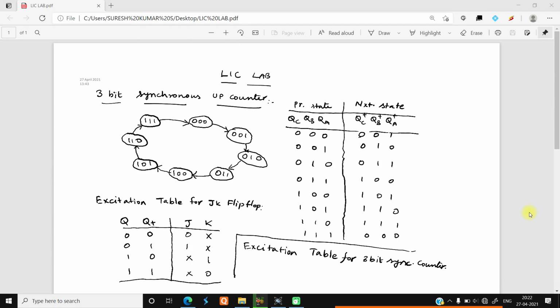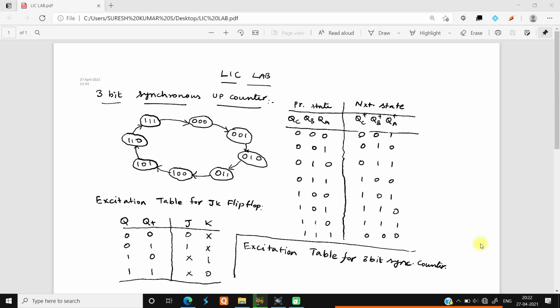Synchronous counters have flip-flops that are connected so that a common clock is used for supplying all the flip-flops, and the output of one flip-flop is connected to another flip-flop by some circuitry.